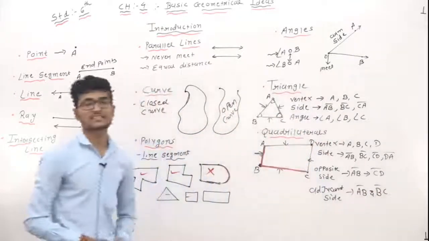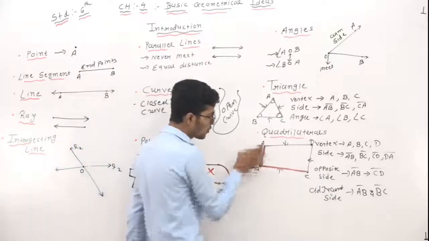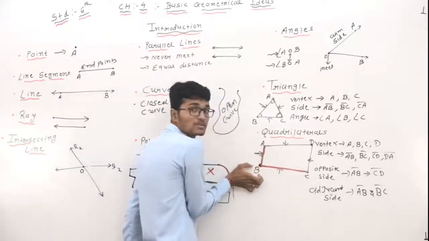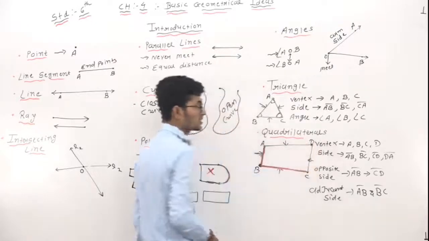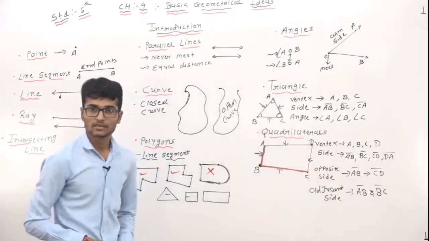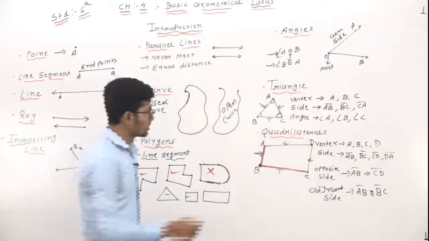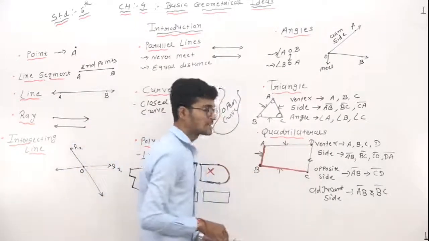Here the one point B is common to AB and BC. So these two are adjacent sides. Same for AD and DC, where D is common. So these are adjacent sides. Clear?